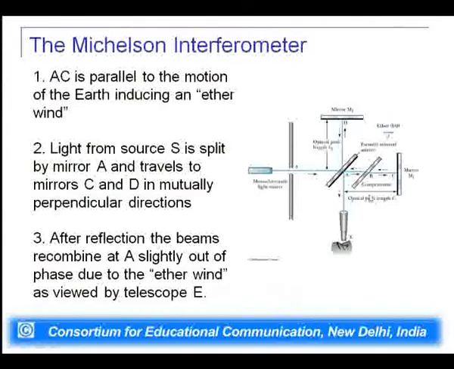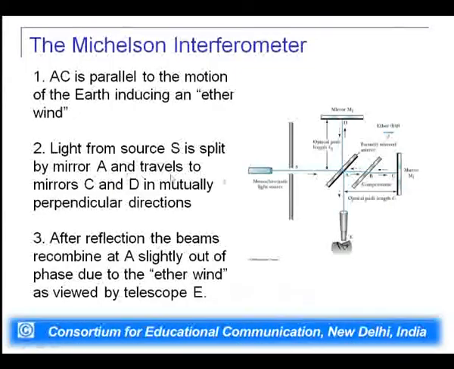On the basis of the Michelson interferometer, where AC is parallel, if we define this diagram, then we find that AC is parallel to the motion of the earth including an ether wind. This optical path is moving with the ether drift which is moving with the earth.